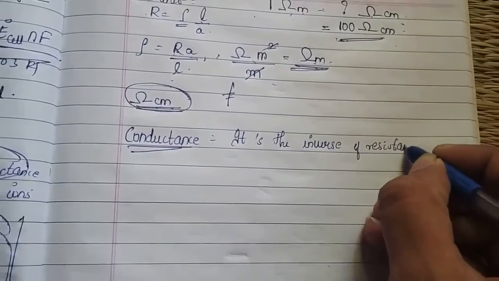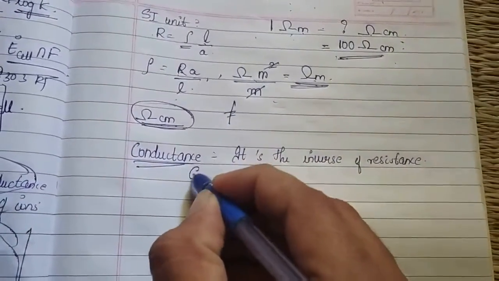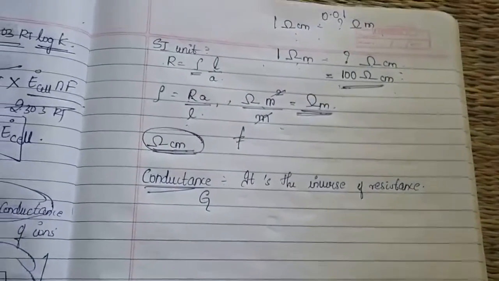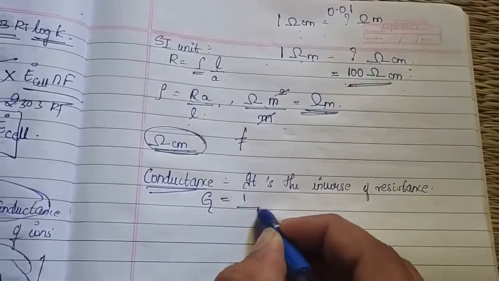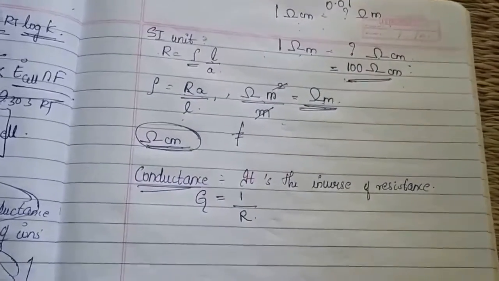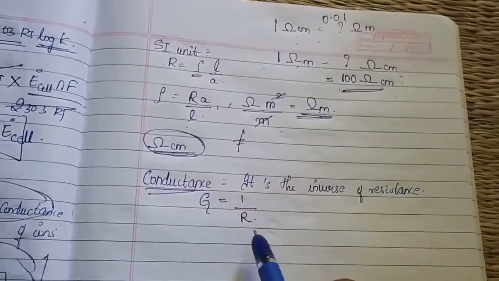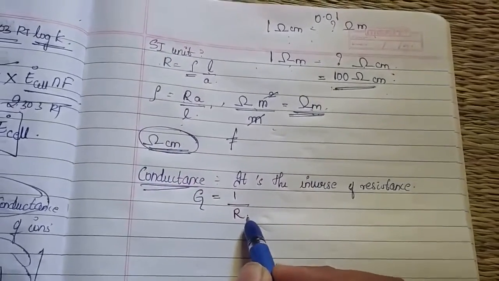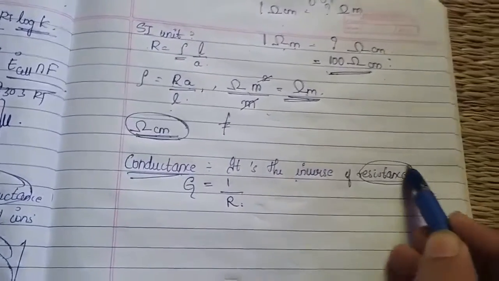Basically this conductance is denoted by a letter, capital G. Okay, G andre conductance. So G is equals to 1 by R. Remember, it is conductance and it is resistance. Don't get confused with resistivity. Conductance is the inverse of the resistance.